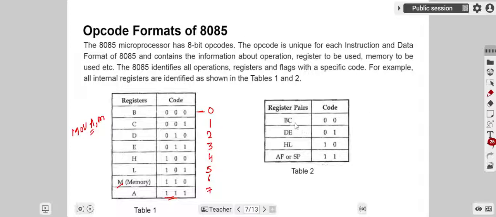Because we have only three register pairs, we require two binary bits to specify them, that is 2 raised to power 2 is equal to 4, so there can be four combinations. To specify the BC register pair, we use code 00. For DE, we use 01. For HL, we use 10.